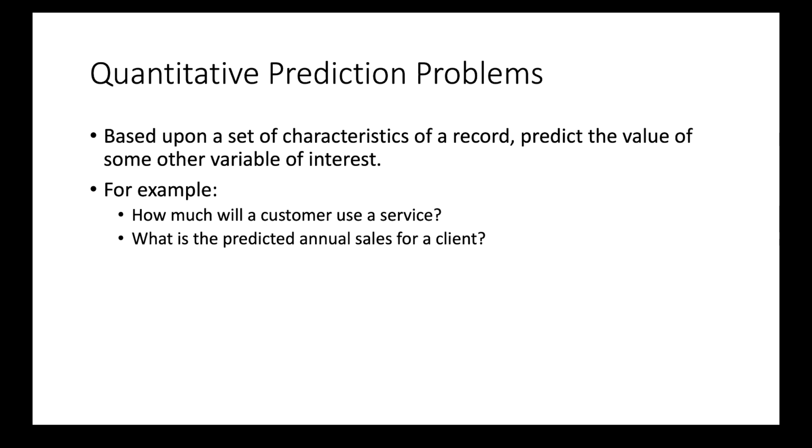So we're dealing with a kind of continuous variable that's going to actually be a number, a predicted number at the end. So how much will a customer use a service? What's the predicted annual sales for a client with these characteristics? And those are the two kinds. It's classification problems and prediction problems. And fundamentally, that's it. There's a lot of flavors to those, but fundamentally, those are the kinds of problems you're going to be working with.